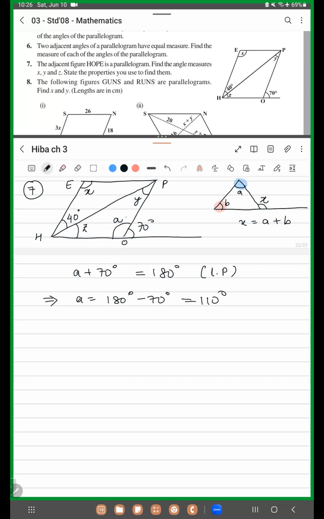All right, so if A is 110, then X will also be 110, because opposite angles of a parallelogram are equal. Very good, Hiba. We have found this one.